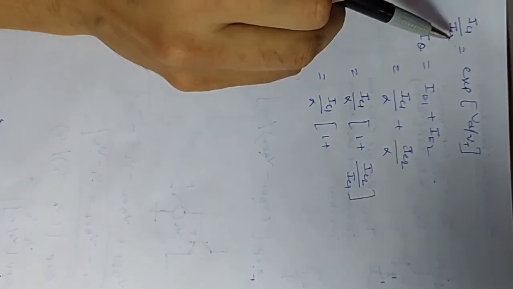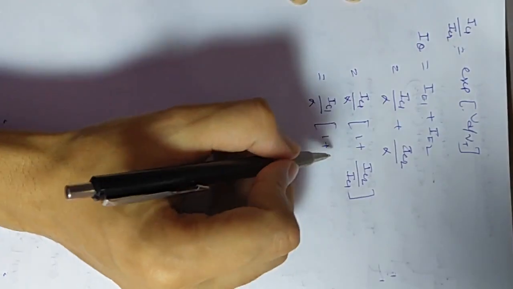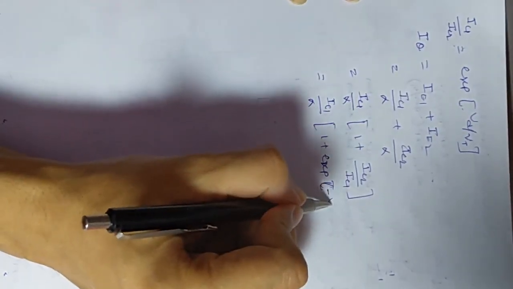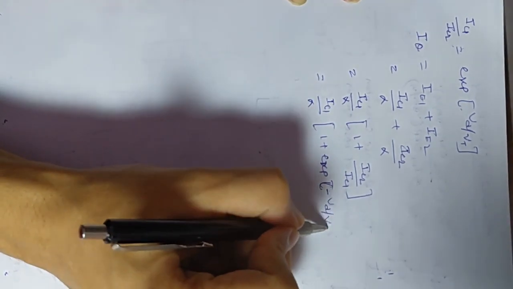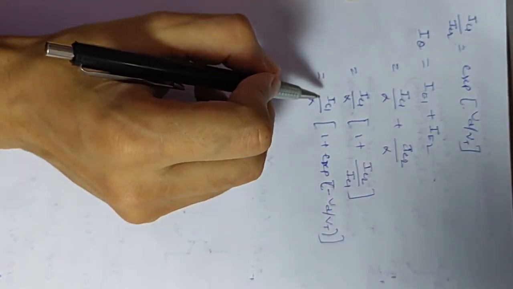So it is IC2 by IC1, so there will be a minus sign, e to the power minus Vd by Vt. From this expression you can find IC1.